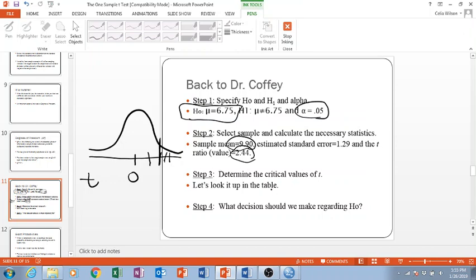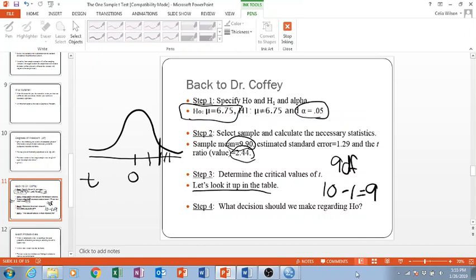Okay, so what I want you to do is look in the back of your book in the t-table, look it up, find the critical value for our t-value, which is 2.44 under 9 degrees of freedom, right? 9 degrees of freedom, because we had a sample size of 10 minus 1 equals 9.